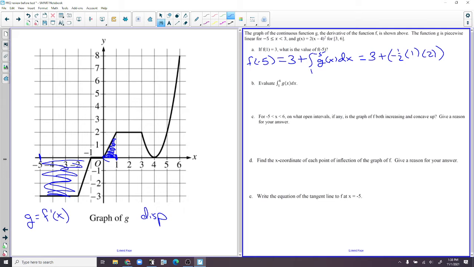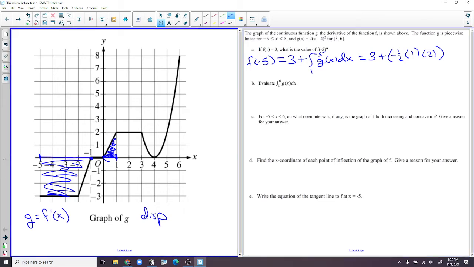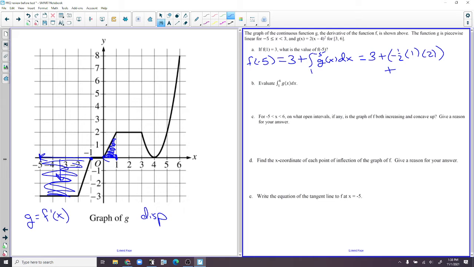Then we don't get area again until -1, -1 to -5. Yeah, that's negative area, but we're going backwards. So we're going to add this area on. So plus 1/2, the height is 3, and base 1 is 1, 2, 3, 4. Base 2 is 1, 2, 3.